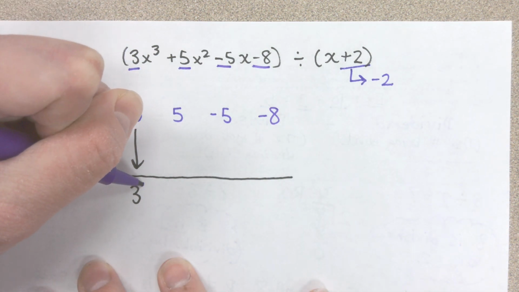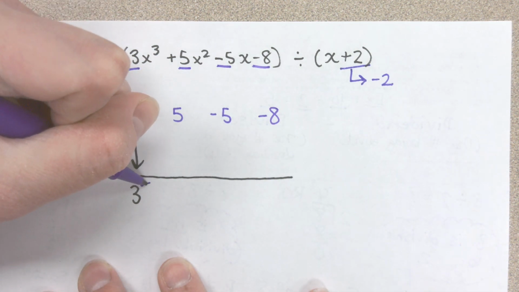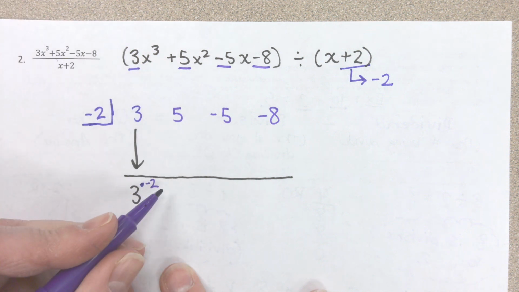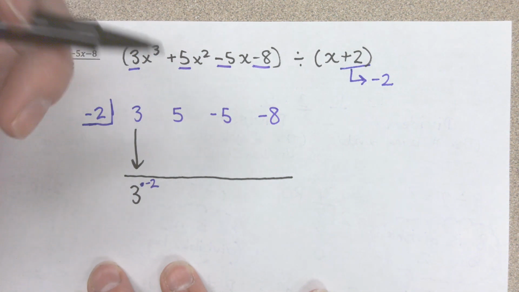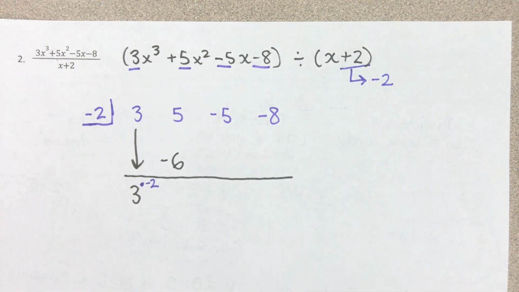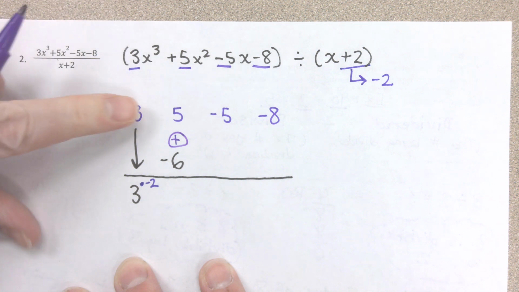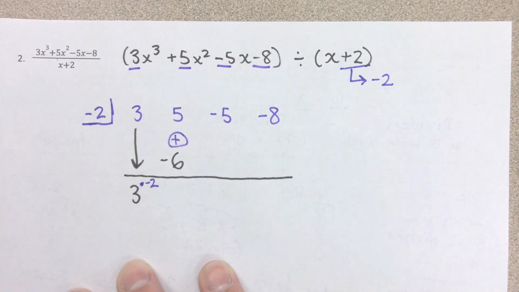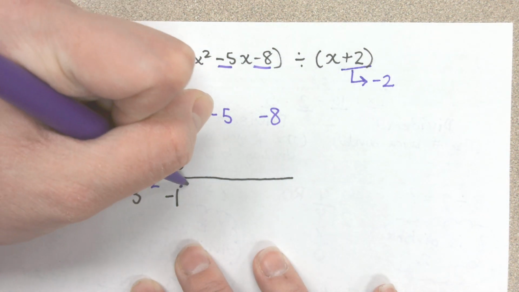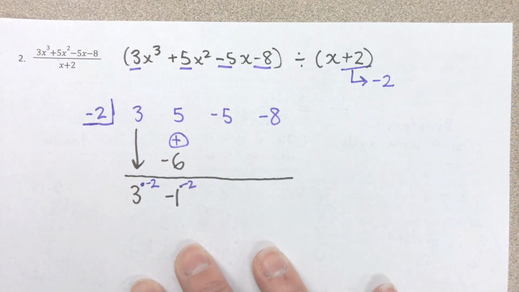First, multiply 3 by the divisor, which is negative 2. 3 times negative 2 is negative 6. Be careful with those signs. After that, we're going to add down. 5 plus negative 6 is negative 1. And we repeat. Negative 1 times negative 2 is positive 2.